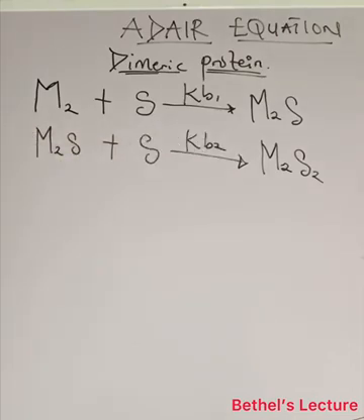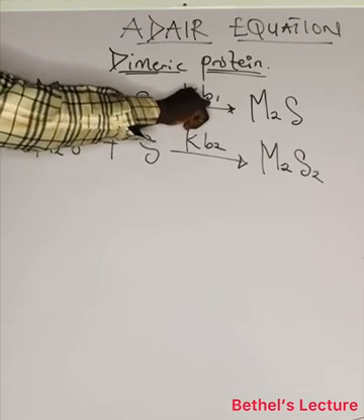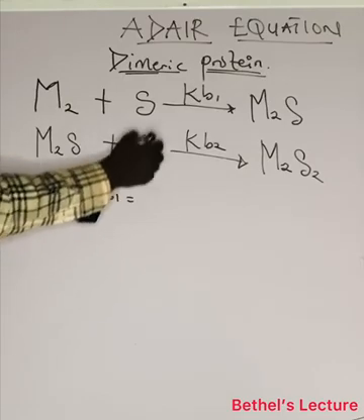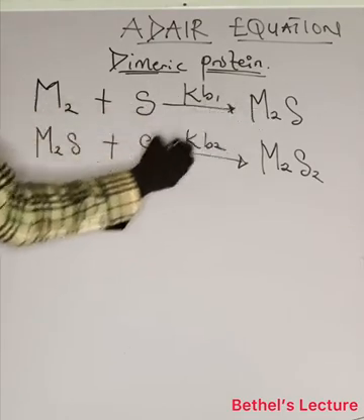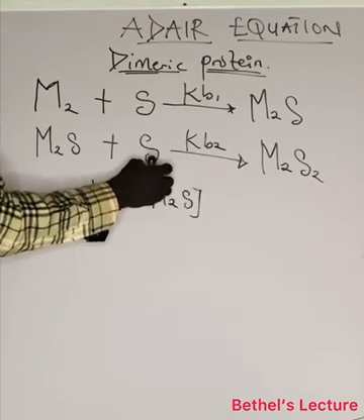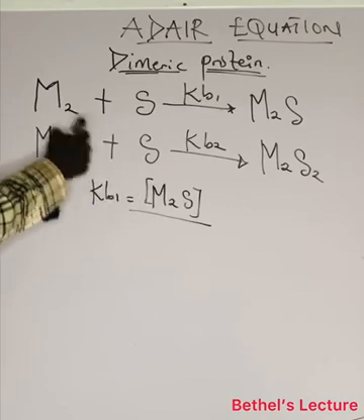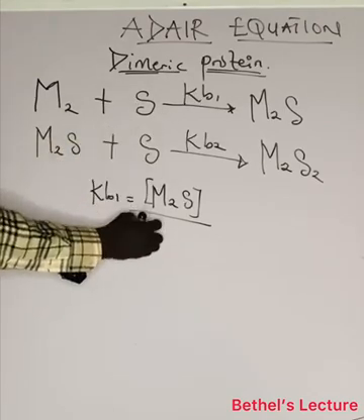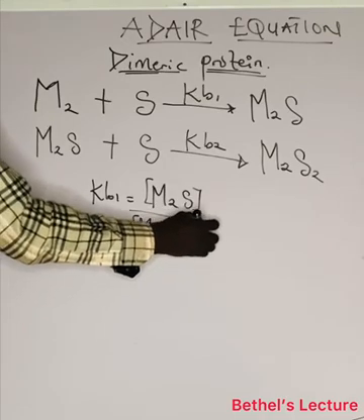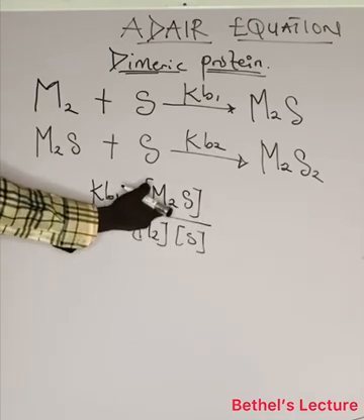Okay, now let's take out KB1. KB1 is what? Product over reactant. The product is M2S, and the reactants are M2 and S. My goal here is to make M2S the subject of the formula.